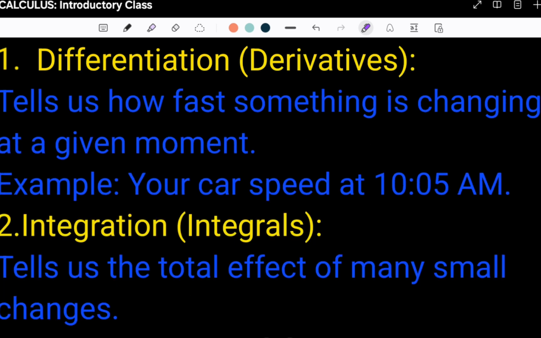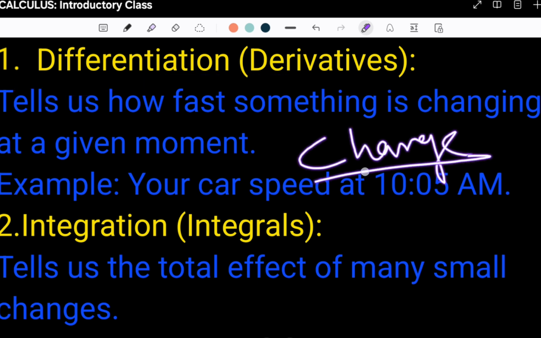Now you all may be thinking, what is differentiation and what is integration? Differentiation, which is also known as the derivative, tells us how fast something is changing at a given moment. Example: your car speed at 10:05 am. It's telling about change, how fast a change takes place.